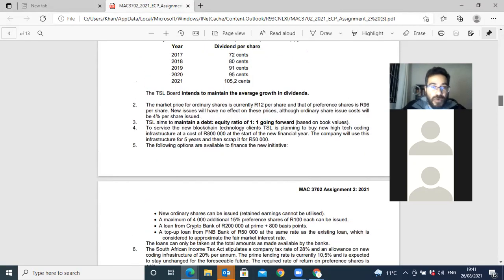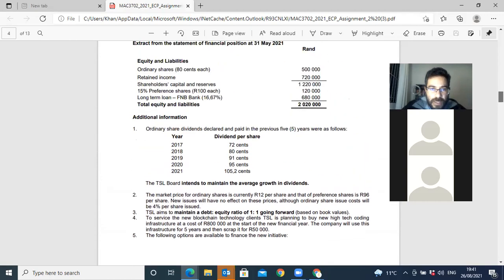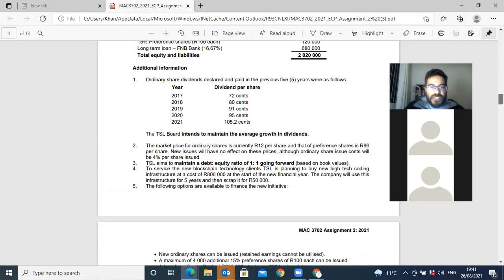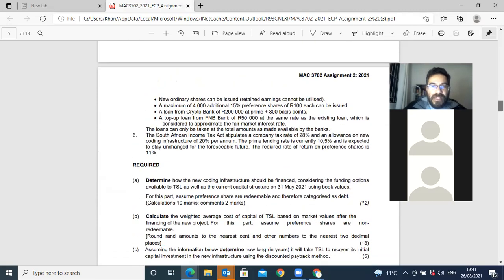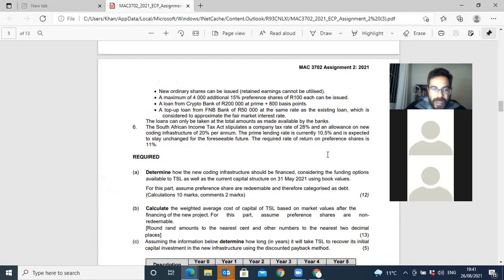Okay, so I'm going to assume for now, I'll have to read this in more detail. It's very important to identify the date we need to calculate WACC at. I'm going to assume the date is not clear over here, so I'm just going to use that date for now. We will figure out the date again when we start from part A.